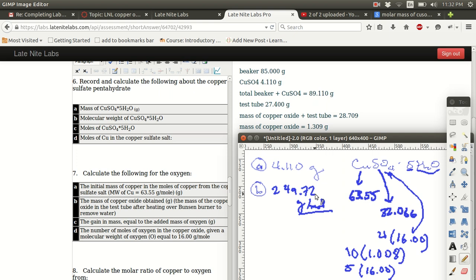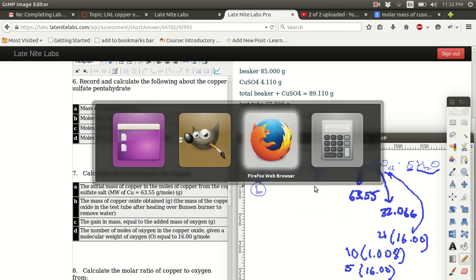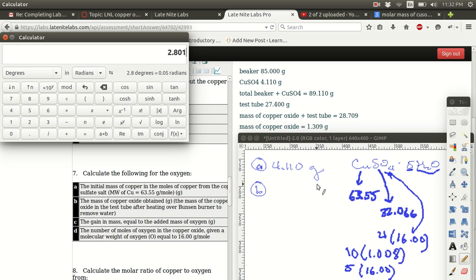You'll probably have a few more significant figures here. That's appropriate. Here, actually, let me do this right and use all of the necessary significant figures. So 63.55 plus 32.066, actually, here, let me use even more significant figures.